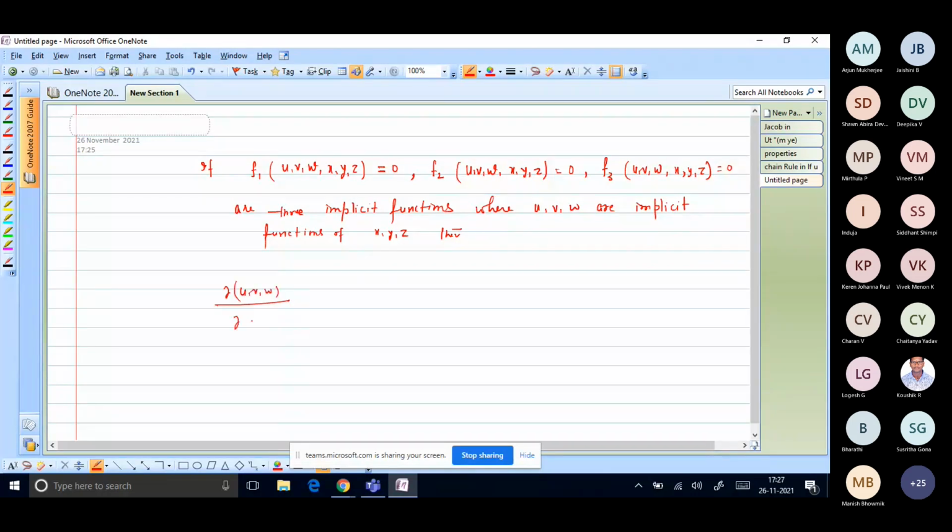respect to x, y, z, then this is minus 1 to the power 3.